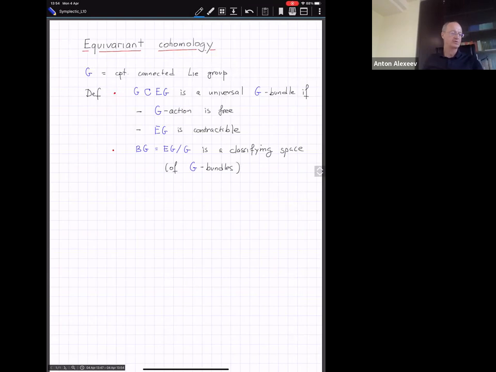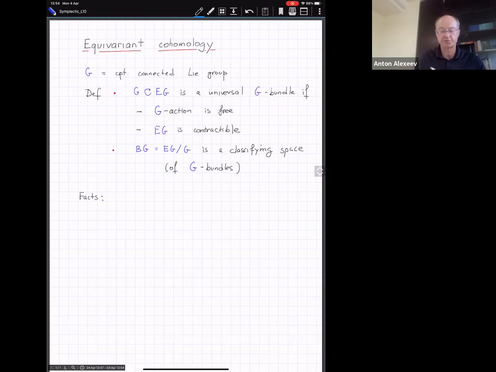So let me give you some standard facts from topology books about this setup, and then maybe just one example which might clarify a little bit roughly what we are talking about. So here is a list of facts.